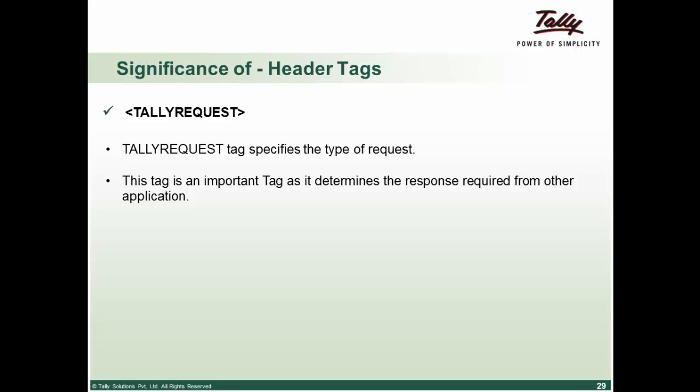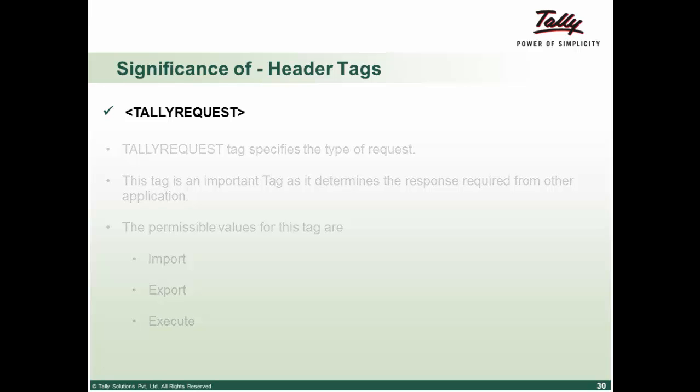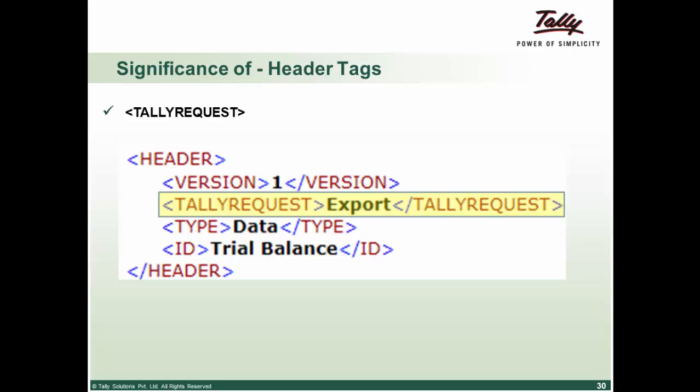Whether it is an import or an export, based on this is what a response will be received from the other application. The permissible values for tally request tag are import, export and execute. So these are the tag values that are permissible.